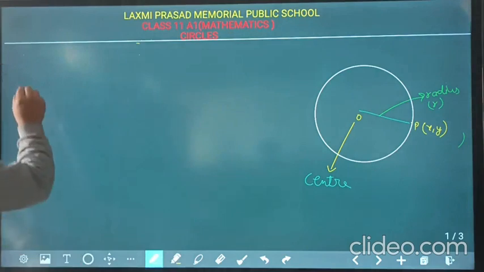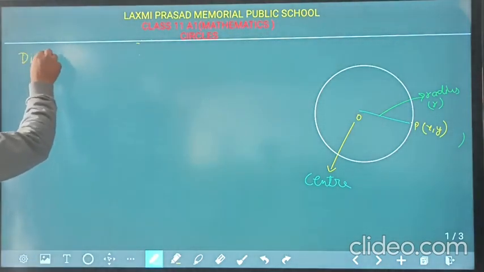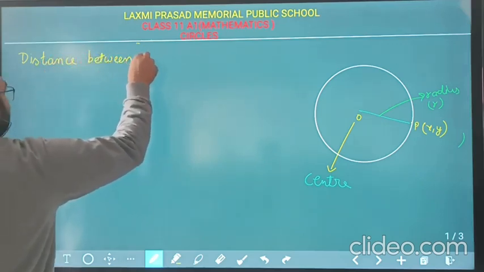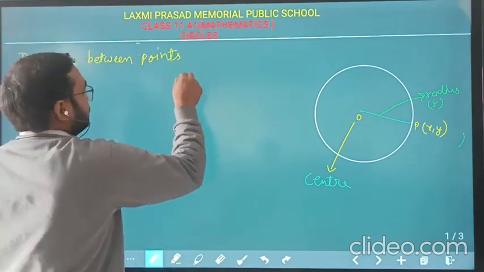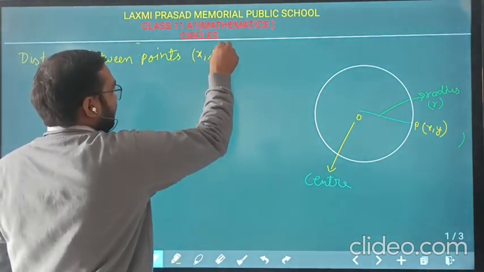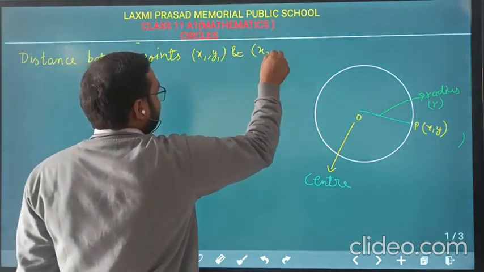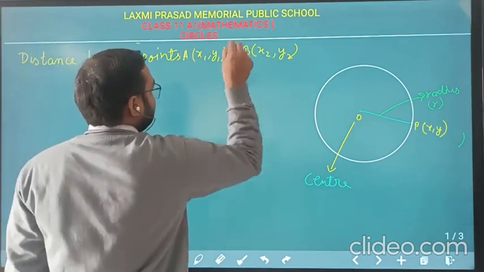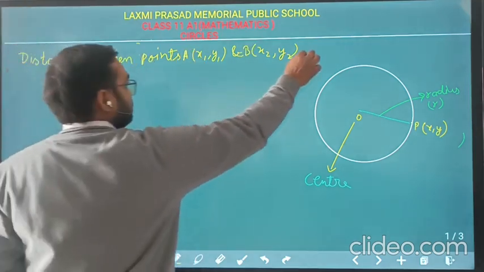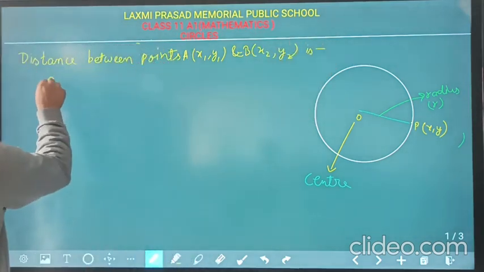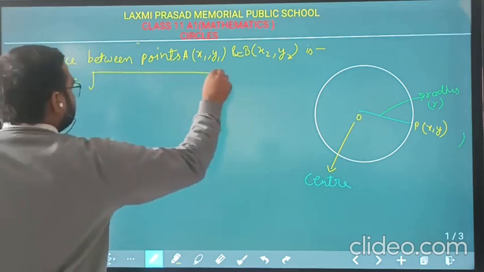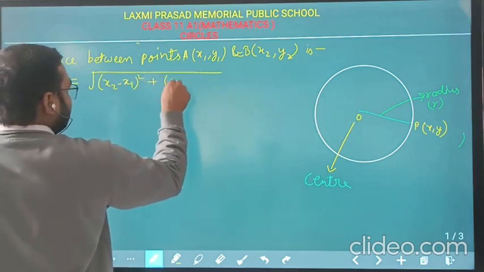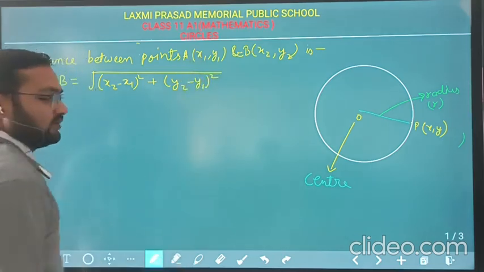The distance between points x1, y1 and x2, y2, that is points A and B, is AB equal to under root x2 minus x1 whole square plus y2 minus y1 whole square.